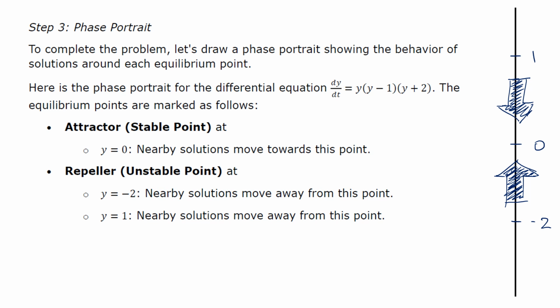Now we have 2 unstable points at y equals negative 2 and y equals 1 because our solutions are moving away from those points. So they're moving in the opposite direction. And then this one as well, up here at the top.